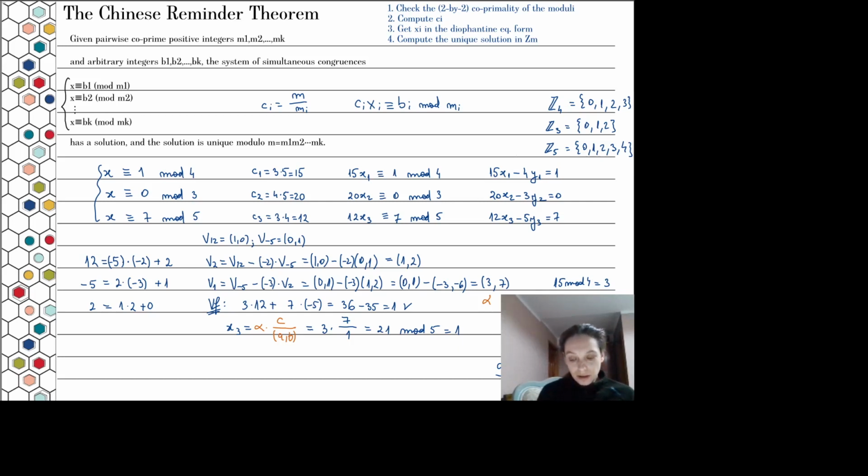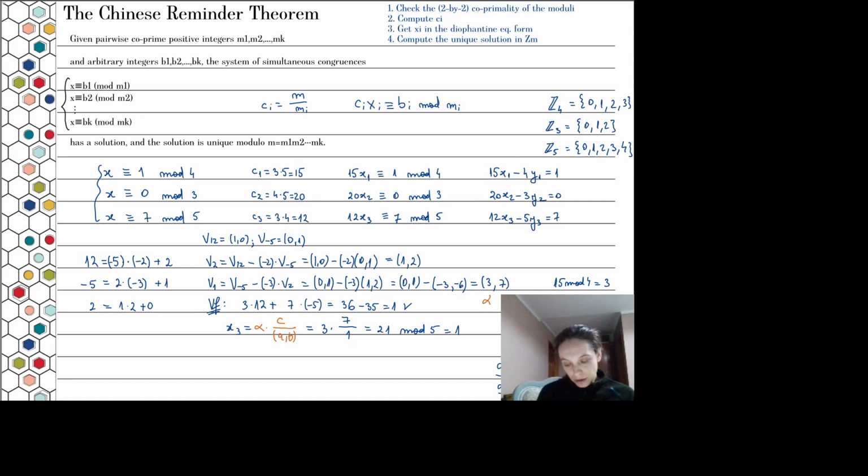So we write 9 minus 4 times something, the multiple of 4 which is closest to 9 but not greater than 9, so it is 8.